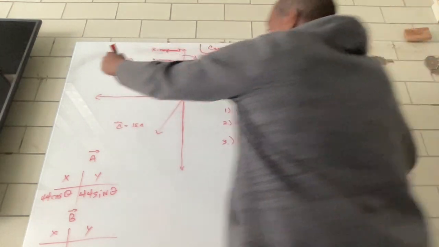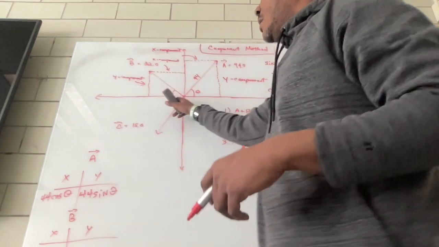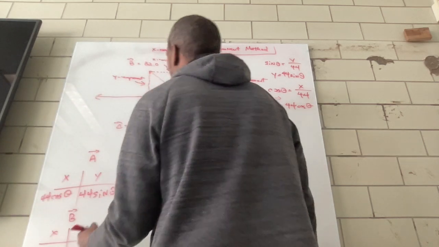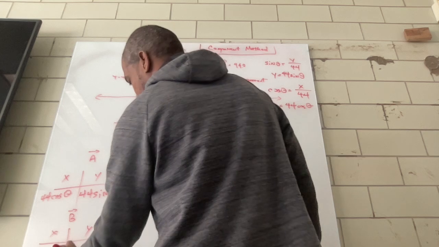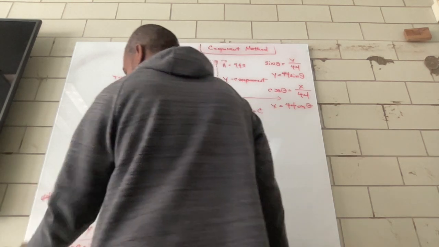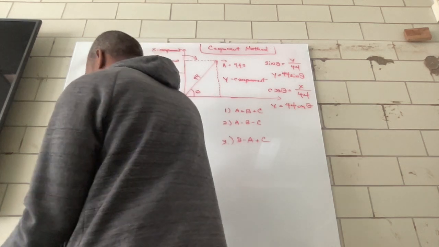This is theta right here. So I know the opposite side is y, which is sine. This is 32, so y is 32 sine theta, and x is going to be 32 cosine theta.